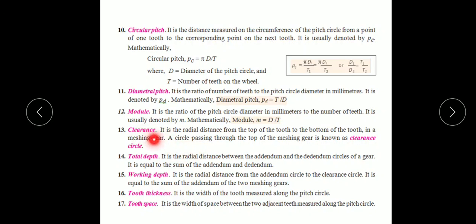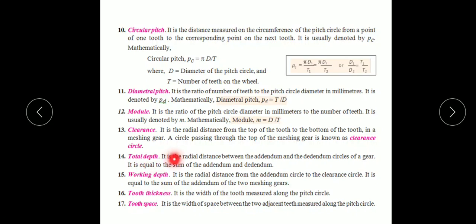And clearance, we have already mentioned, is the radial distance between the top of the tooth and the bottom of the tooth in a meshing gear. We have already shown the figure, where the clearance circle is also marked.